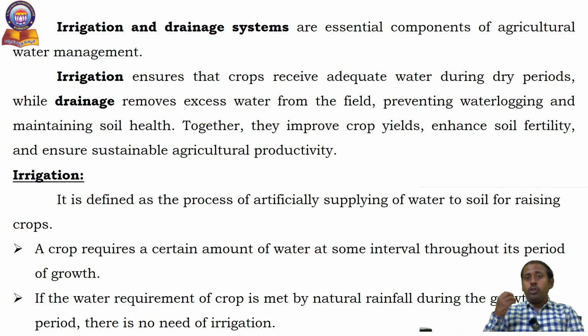Wheat, jowar, sugar, and tobacco. So different crops require different water quantity, and for that we have to know the information.